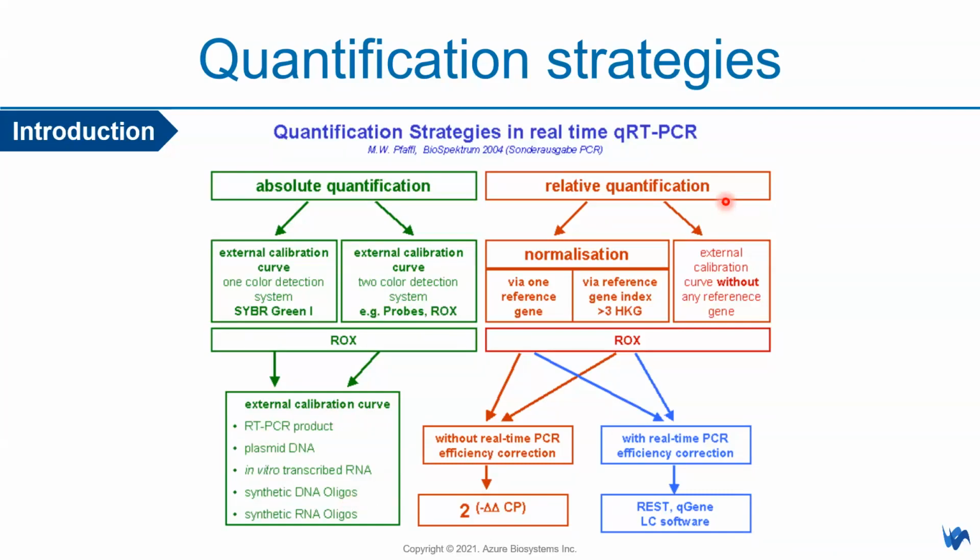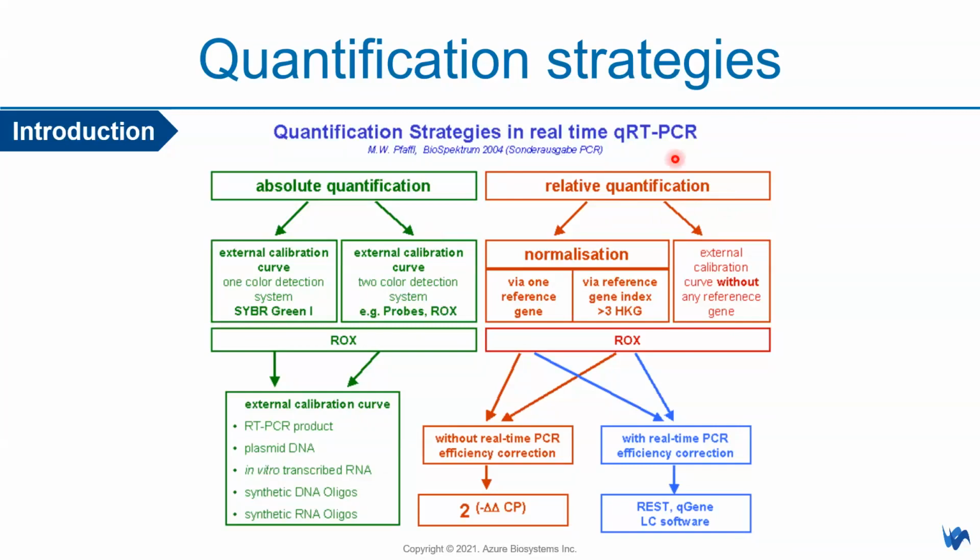So absolute quantification is very, very straightforward. Let us look at relative quantification. Relative quantification here, as you can see, it comes down to two big branches. By all means, you definitely need to do normalization within the sample itself. So this is not the same as the absolute quantification.